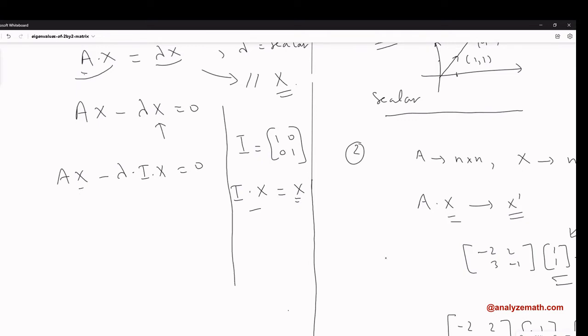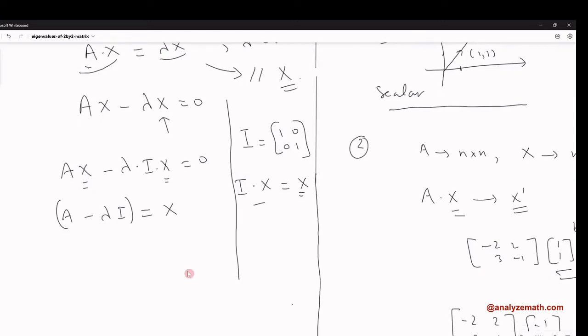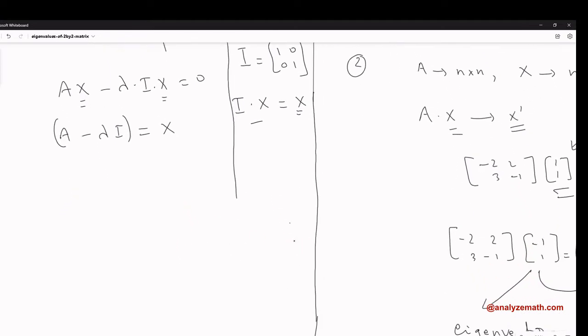Now we have X in both terms, so it can be factored out, giving (A minus lambda I) multiplied by X equal to 0. Let's call this matrix B. So our equation becomes BX equal to 0, and this is a homogeneous system of equations.